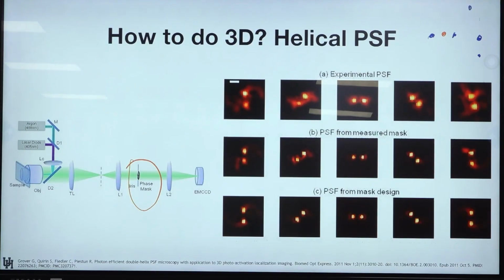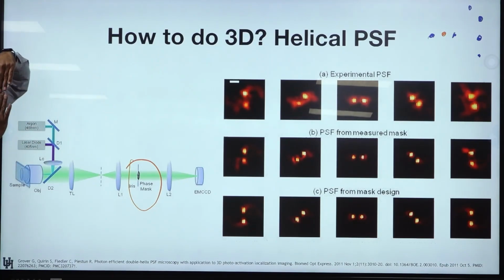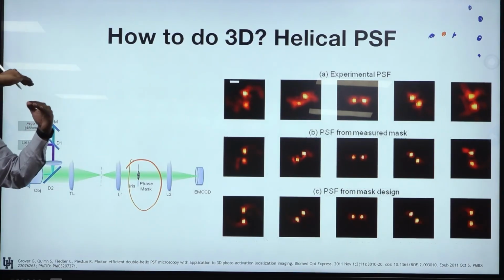If the orientation is this other way, it's at a different Z location. So when you look at the angle of the line drawn through these two dots, then you know the Z position. The Z is converted to an angle.